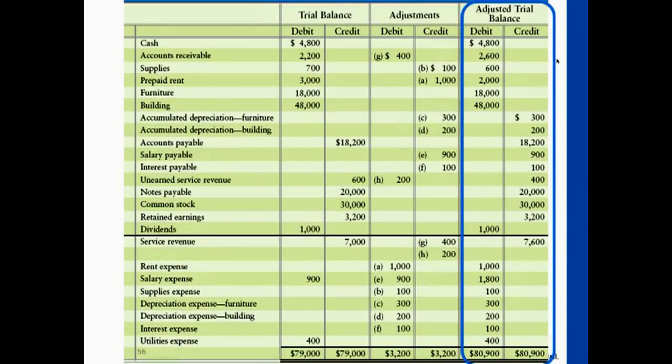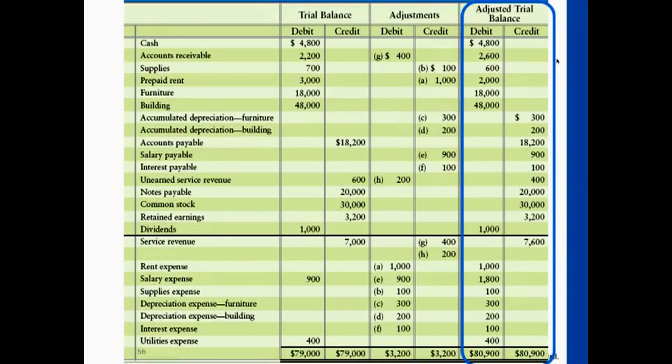For all asset accounts, the original balance is on the debit side, but if you see an adjustment on the credit side, you minus it, reduce it. Another example is prepaid rent: you have $3,000 in the beginning, then letter A journal entry, you minus $1,000. At the end, the adjusted amount will be $2,000.